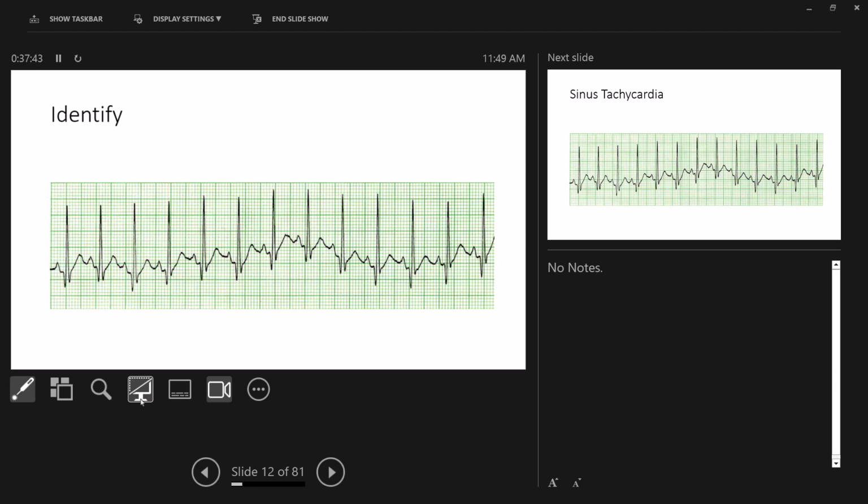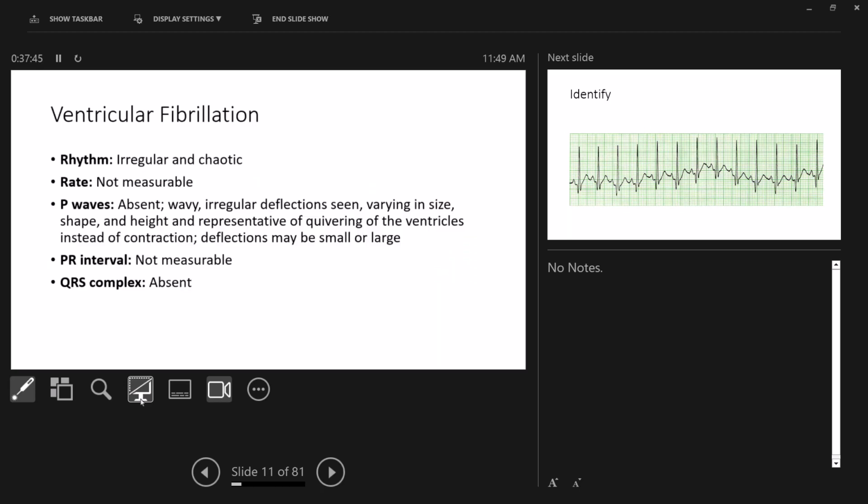Wait, going back to what you said about the top of the QRS, it would just be the same, right? That's in monomorphic VTAC. So if you got monomorphic VTAC, let me draw. This is monomorphic VTAC.